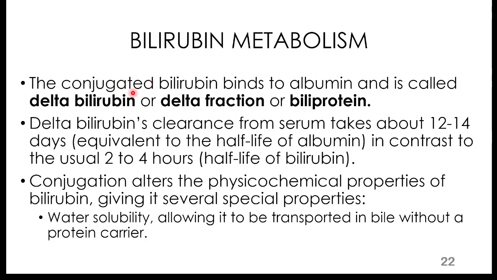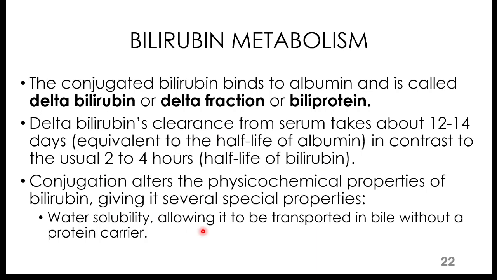But the conjugated bilirubin that might end up in the blood normally, or the excess that might end up there when there is a biliary obstruction, can also bind to albumin, and it's called delta bilirubin. Delta bilirubin's clearance from the serum takes longer than that of bilirubin. All right. So now, what does conjugation do?